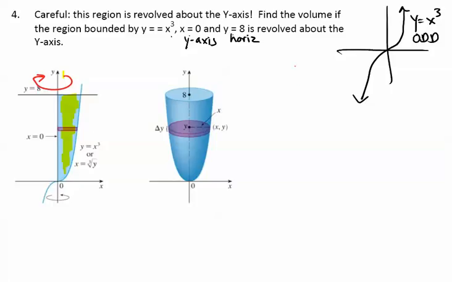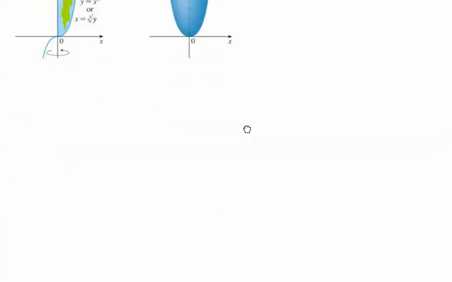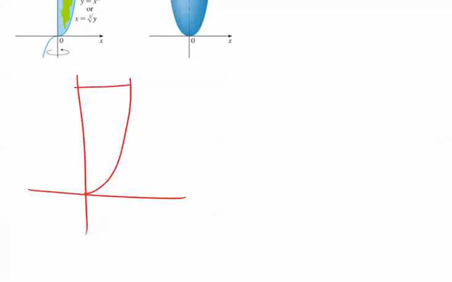If I was going to draw that, in my very poor diagram, I'd start with this diagram. I would shade this area, and I would pick a typical rectangle. Notice that the thickness of our rectangle is now a delta y.